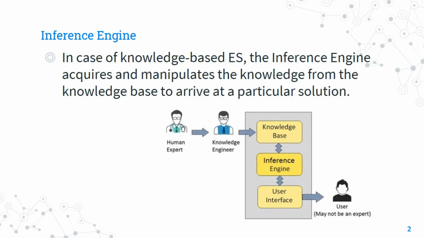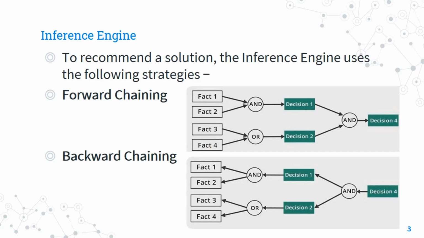To arrive at a particular solution, the Inference Engine uses two strategies: forward chaining and backward chaining. In forward chaining, based on facts and rules, the Inference Engine arrives at a particular solution or conclusion, whereas in backward chaining, based on the current solution or conclusion, it tries to acquire the responsible rules and facts for that result.